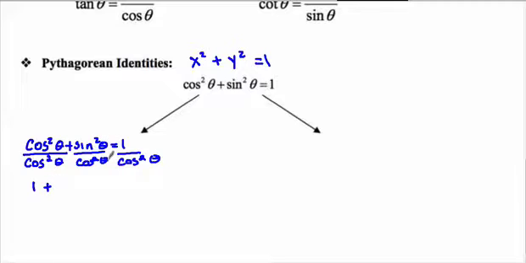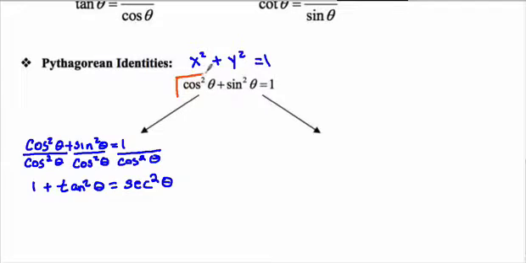Sine squared theta over cosine squared theta, we covered above, sine over cosine is tangent, so this is going to give us tangent squared theta. And then lastly, 1 over cosine squared theta, well, that's just the reciprocal, secant squared theta. Okay, so this is the other one, so we're going to end up with 3 here.